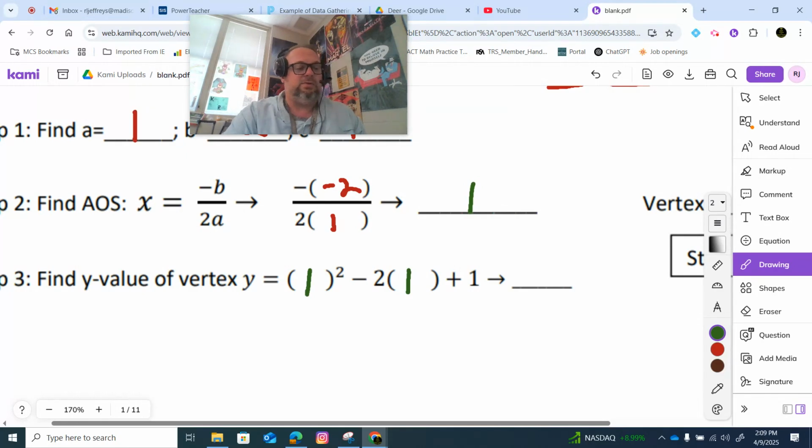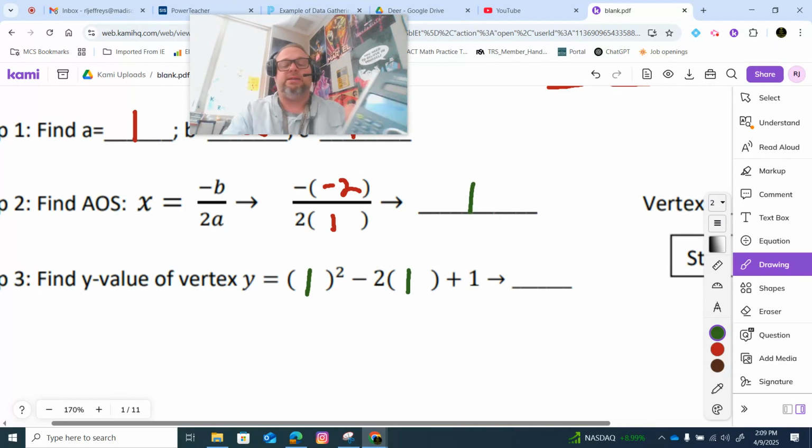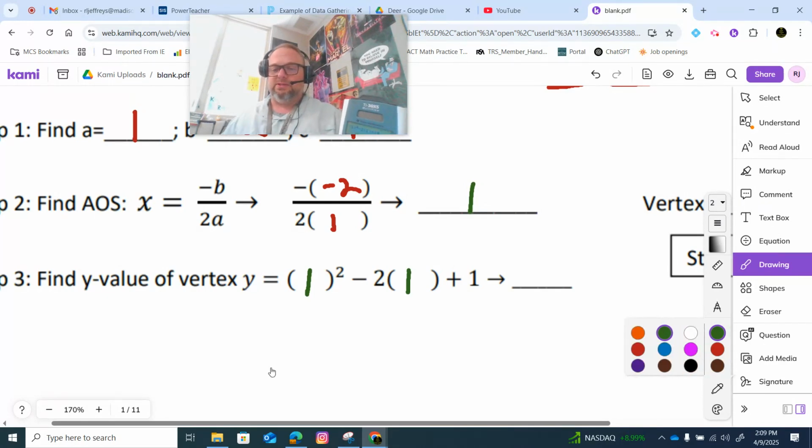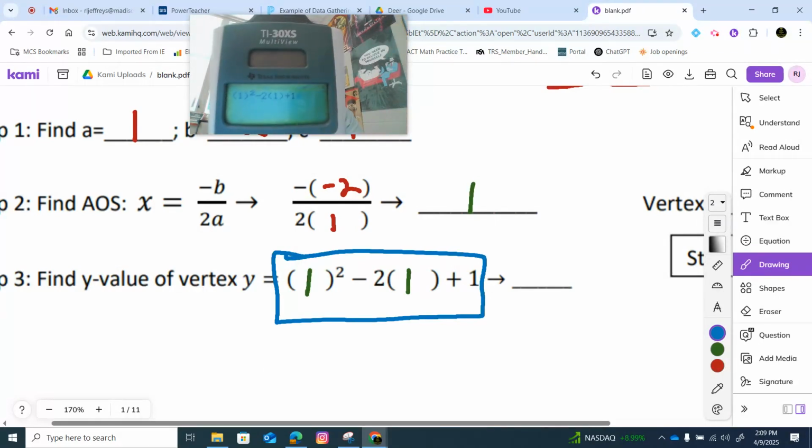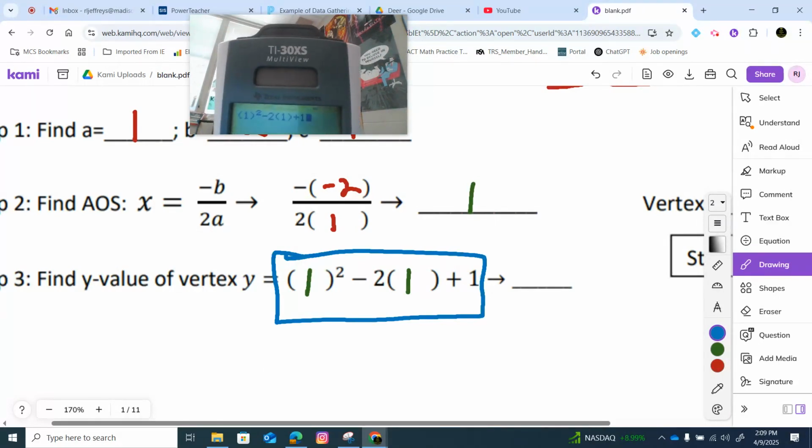All right, so just you're going to do parenthesis 1 squared minus 2 times 1 plus 1. Again, let's see, I'm going to circle it. This right here, or this. What is in the rectangle is exactly what looks like my calculator screen. Then I hit enter. And what do I get?